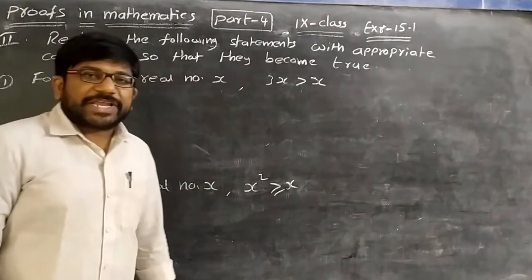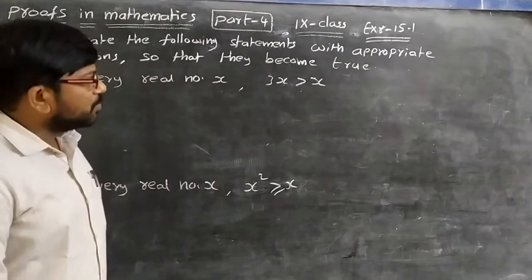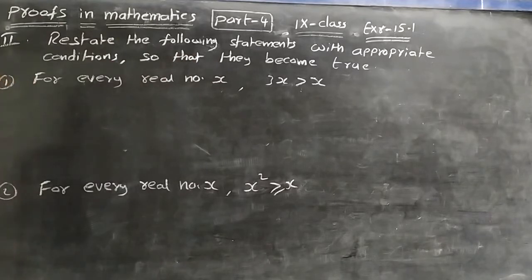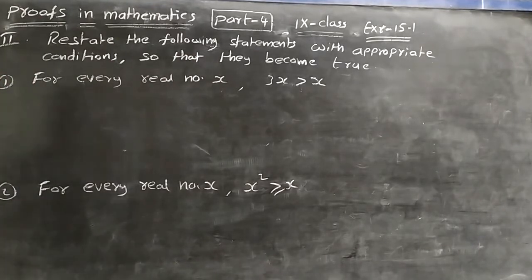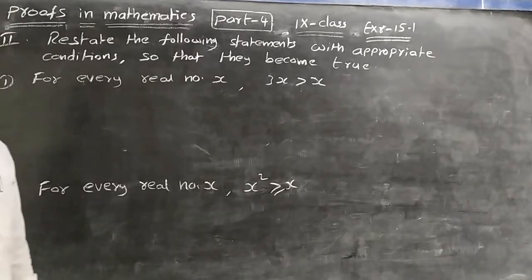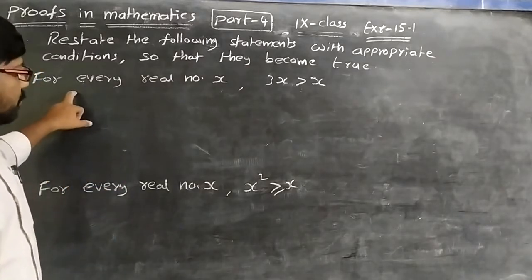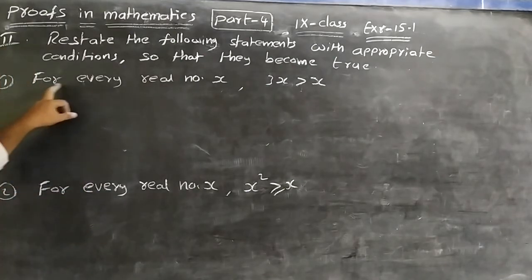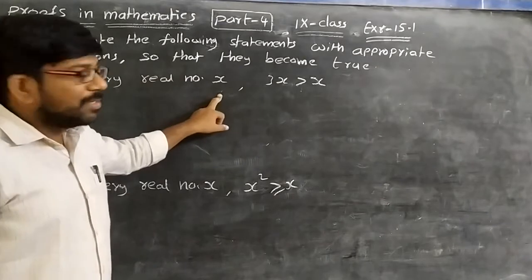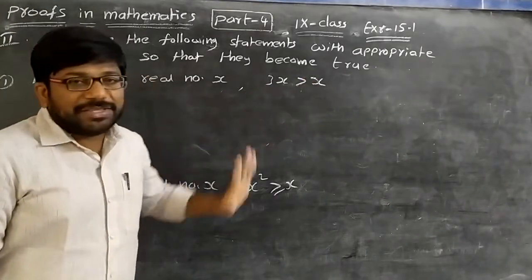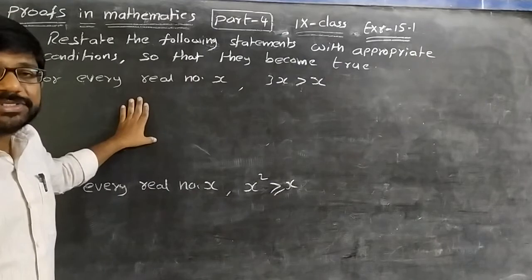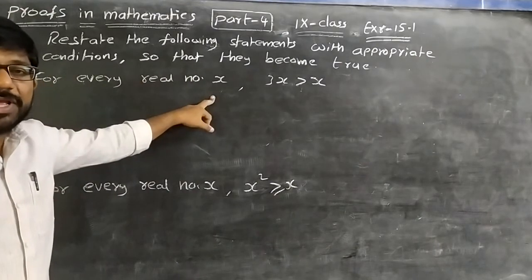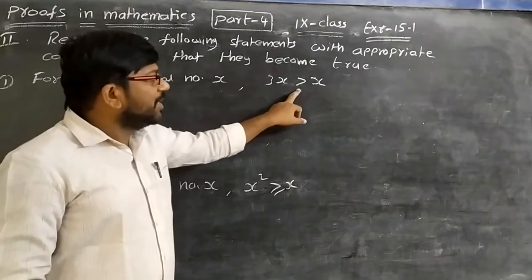Yes, go for the second Roman in the exercise. Observe carefully. Restate the following statements with appropriate conditions so that they become true. Okay? The given statement: for every real number x, 3x is greater than x.